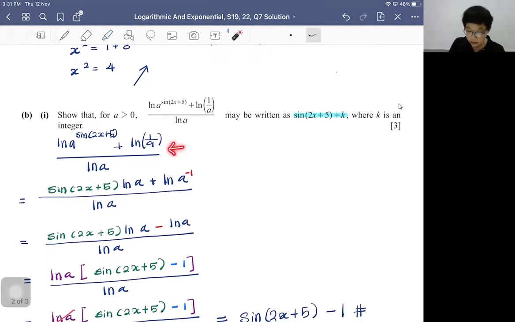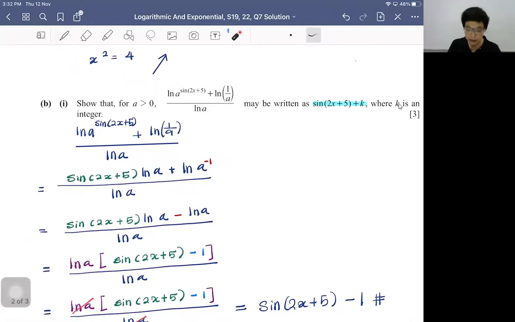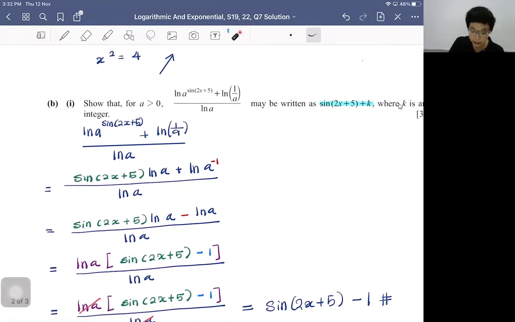What I did in this step is simply copy them down. Then I noticed there is a power, the power of sin(2x plus 5). Therefore, we invoke the power rule to bring that index down. That forms for us the index sin(2x plus 5) times ln a.